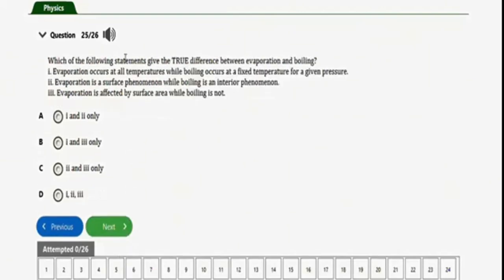Next question is this one. It says, which of the following statements give the true difference between evaporation and boiling? Evaporation occurs at high temperature, while boiling occurs at decreased temperature for a given pressure. Correct? Evaporation is a surface phenomenon, while boiling is an interior phenomenon. This is also correct. Evaporation is affected by surface area, while boiling is not.